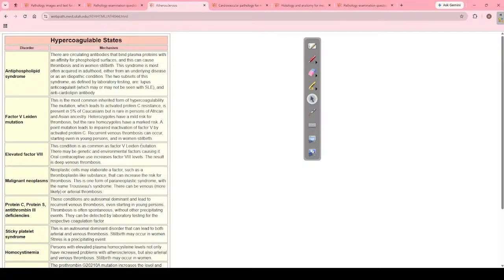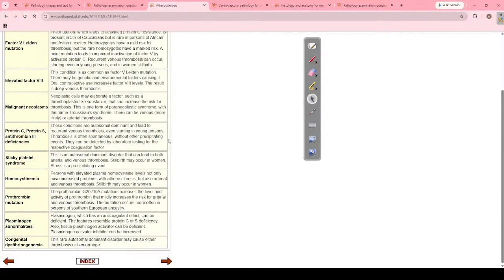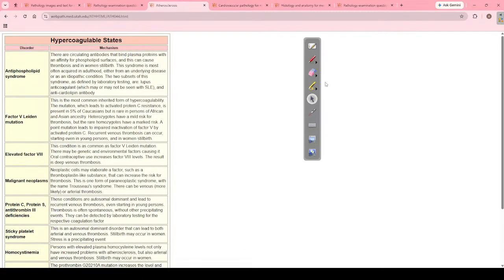They are more prone to coagulation disorders like infarctions due to thrombosis. So let's go in brief. Antiphospholipid syndrome is circulating antibodies, which have affinity for phospholipid sources.